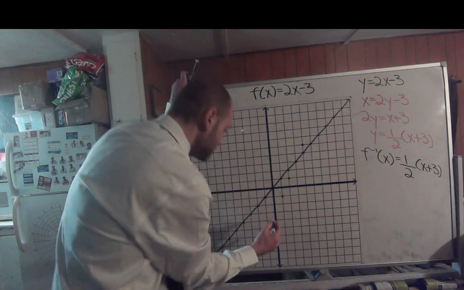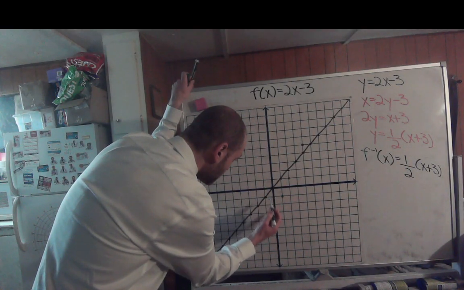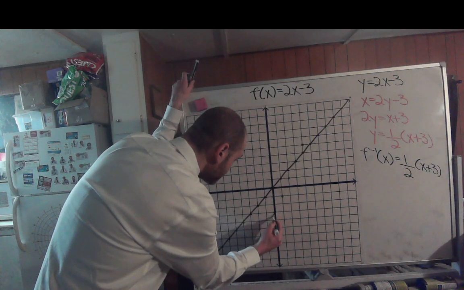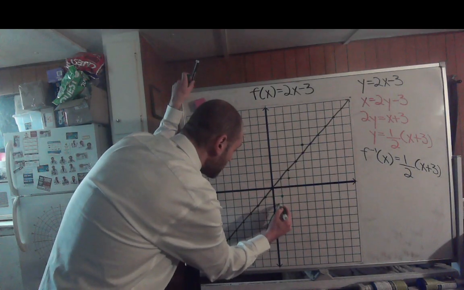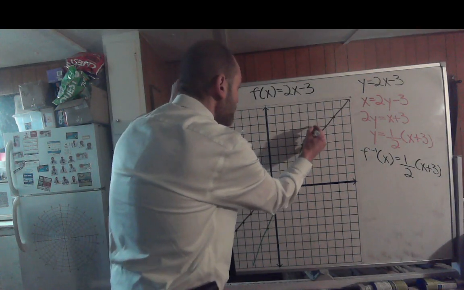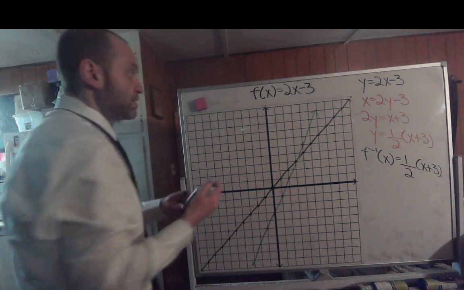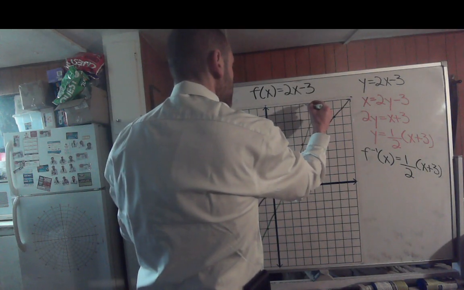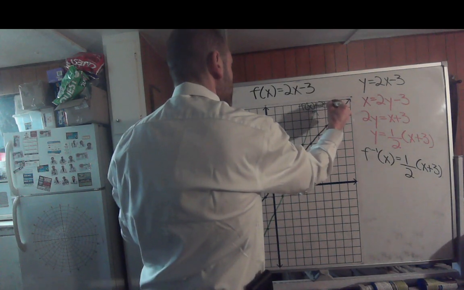So -1 would be -5. Alright, so in the green is my f of x. This would be f of x equals 2x minus 3.